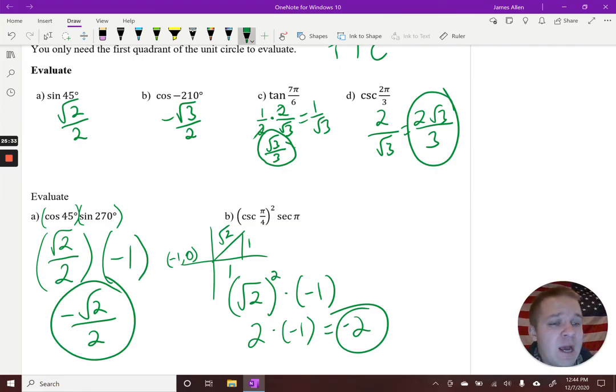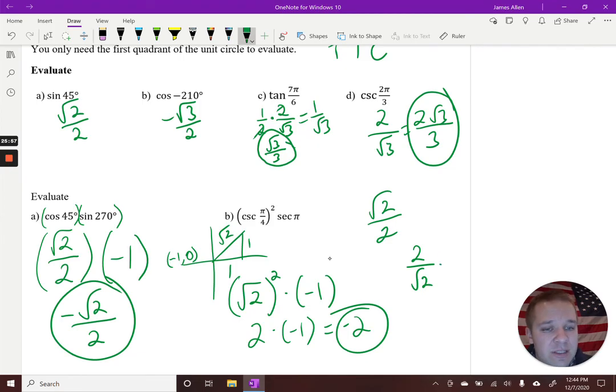Now, there's something that I want to point out here when evaluating whether you choose the unit circle or you choose to go triangles. The reason why I chose triangles on the reciprocal is because if I did sine from the unit circle, which would be root 2 divided by 2, now I do the reciprocal of that, which would be 2 divided by root 2.